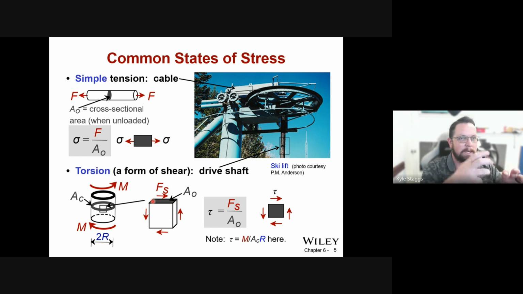So torsion is an example of what this moment and counter-rotating moment are doing. You have a shear force across this small area block, and shear force basically in all of these different regards.